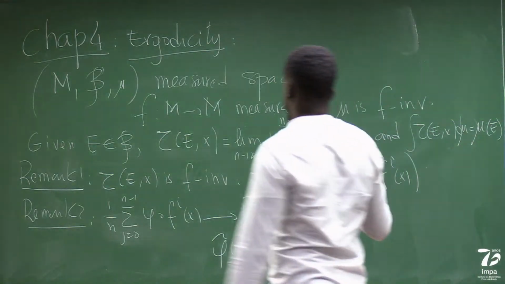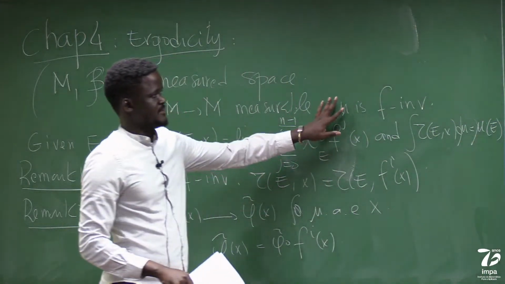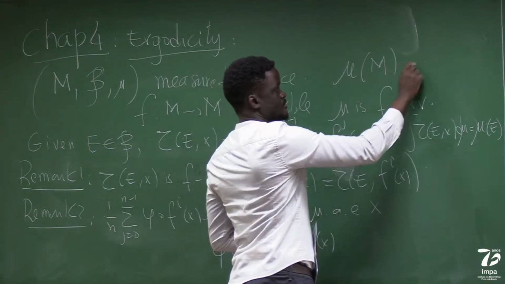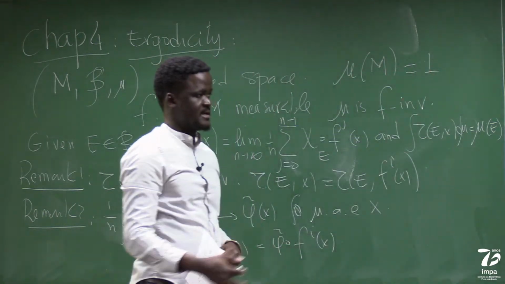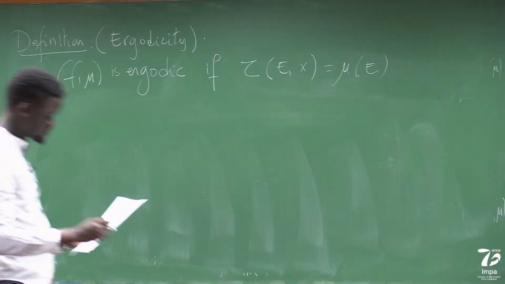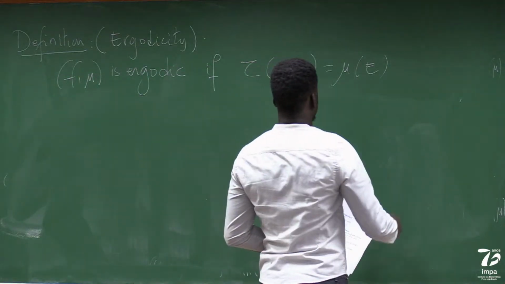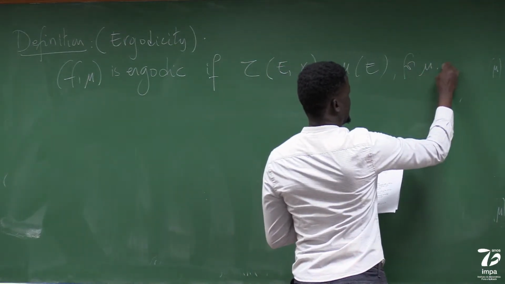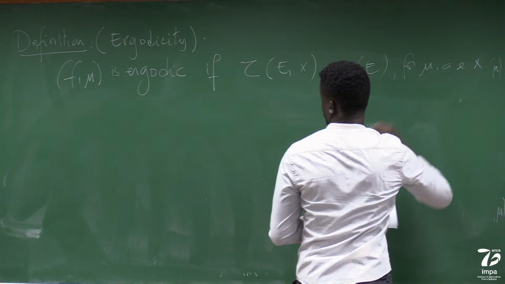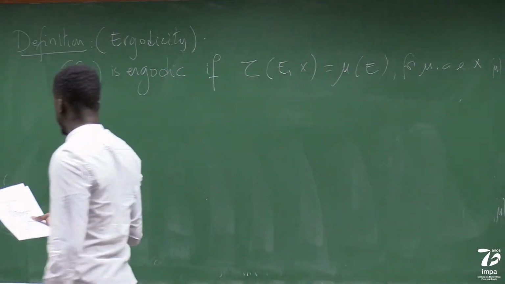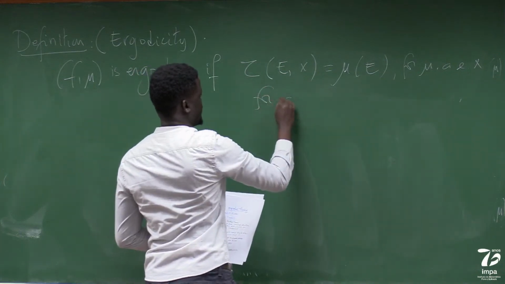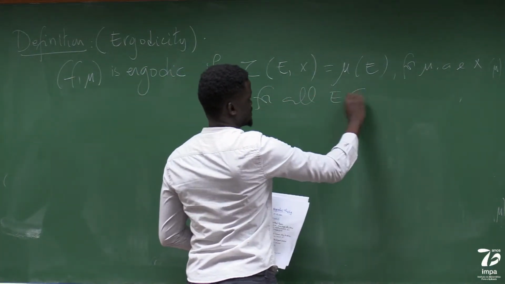I'm interested in finite probability measures. Okay, the measures I'm choosing here are probability measures, finite measures normalized to 1. For mu almost every x, and for all E measurable.